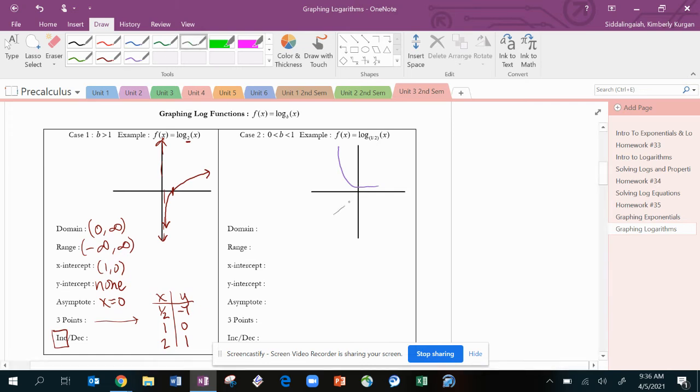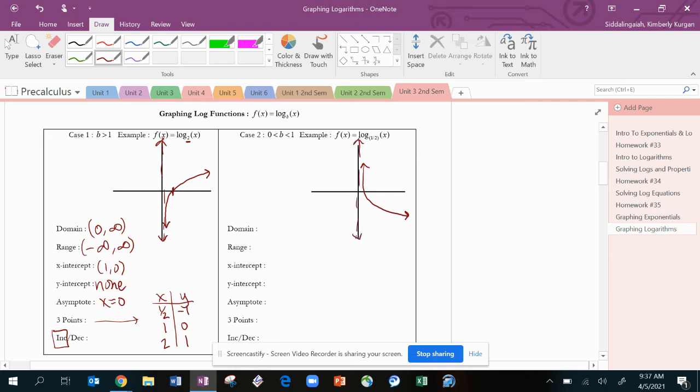If I have y equals x there, what this is going to look like is I'm going to be going along this graph. There we go. So I'm going to erase the gray line, or at least try to. See if I can get it all. There we go. And there is our log base 1/2 of x.